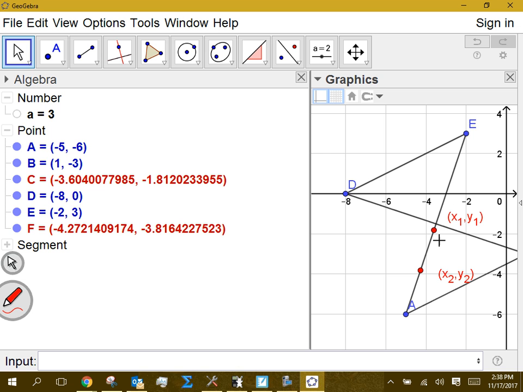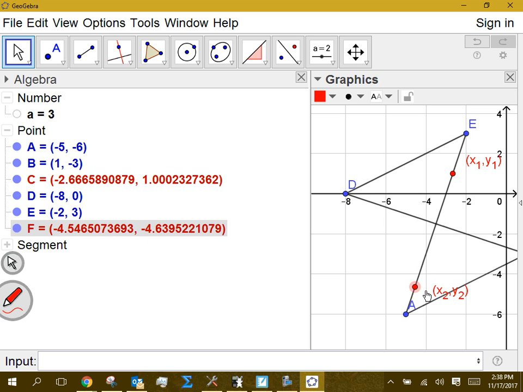Or locations in the XY plane. But it's taking that and doing the algebra with them, subtracting them and dividing them. But no matter where I move those points, what happens to that number right there? It does not change at all. No matter where I move x1, y1, no matter where I move x2, y2.